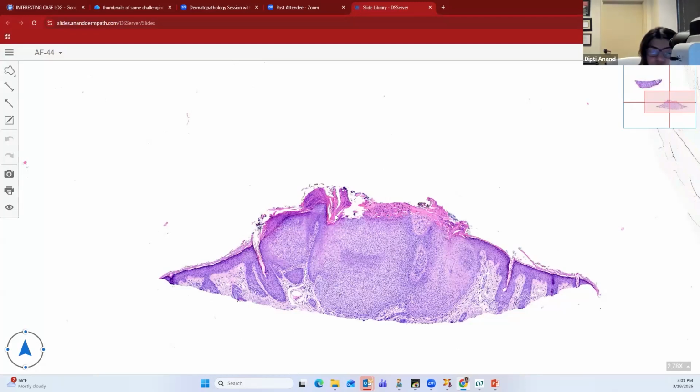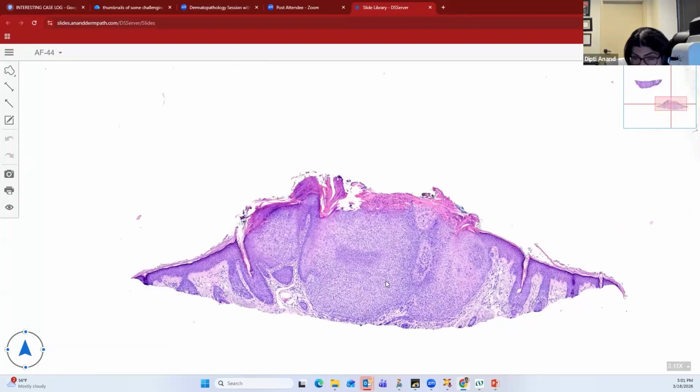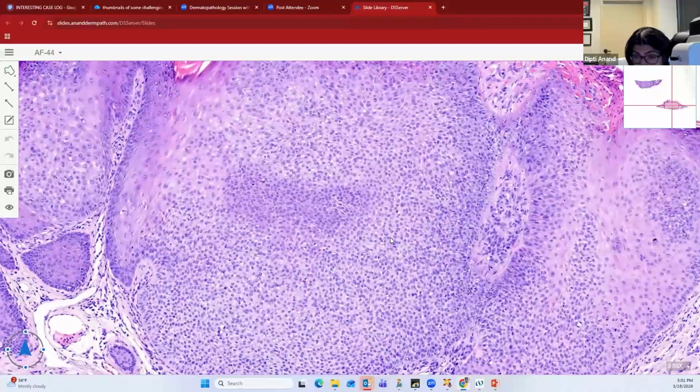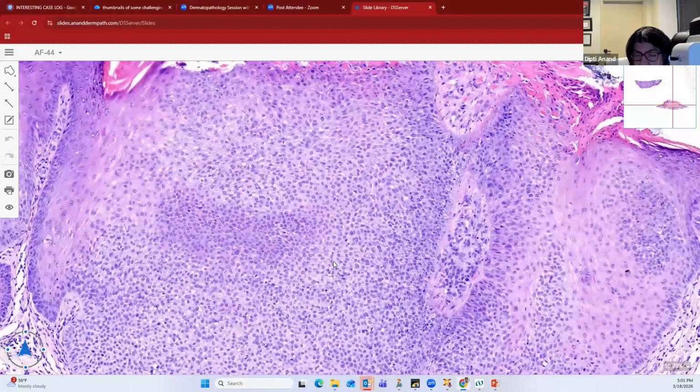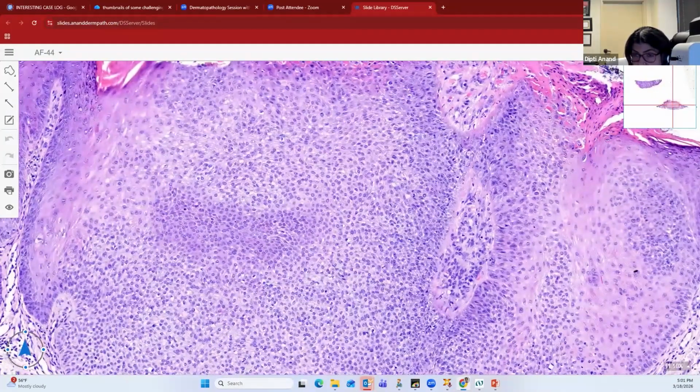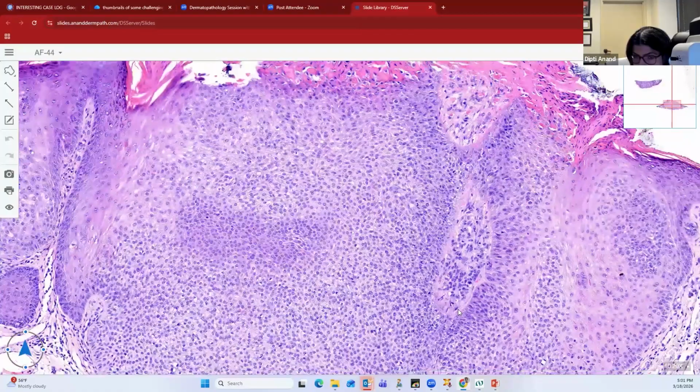I will call something a tricholemmal verruca when clinically you've thought about a wart, or if it has prominent epidermal papillomatosis. But you can see that there is an endophytic nodule which is connected to the epidermis. It is arising from it. When you go up on high power, the periphery of the lesion again has these basaloid cells.